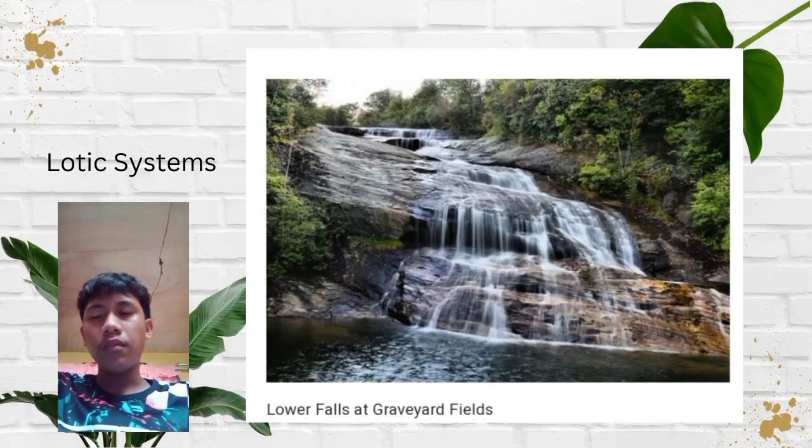At the source of the river, it is narrower, clear, cold, fast flowing, and rich in oxygen. Down to the end, it is usually wider in size, with less oxygen and slower movement. Aquatic systems that consist of flowing freshwater are known as lotic systems.